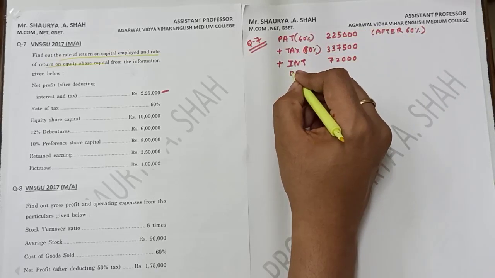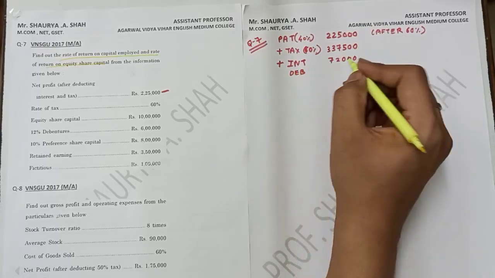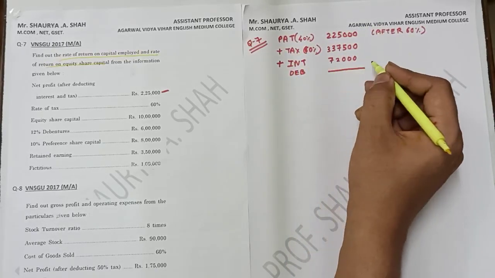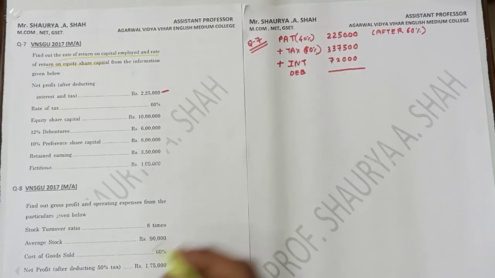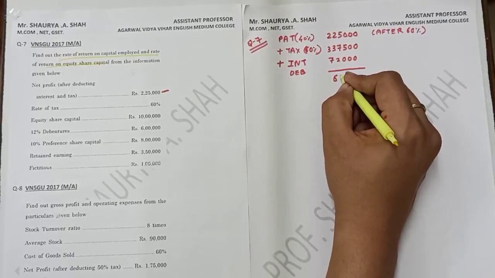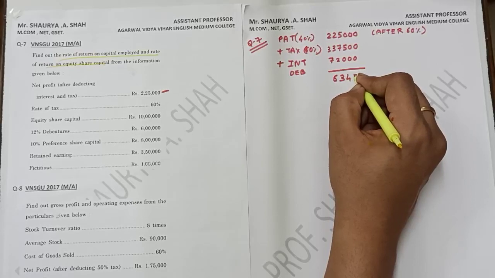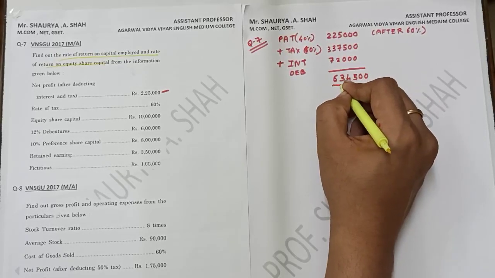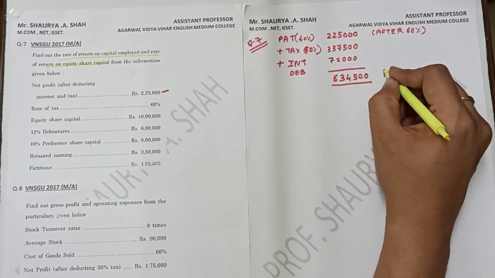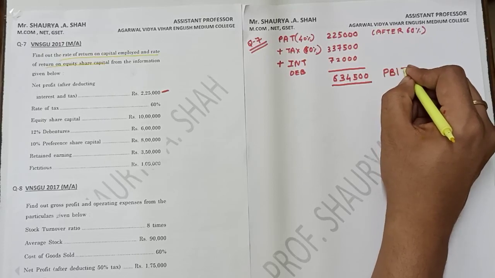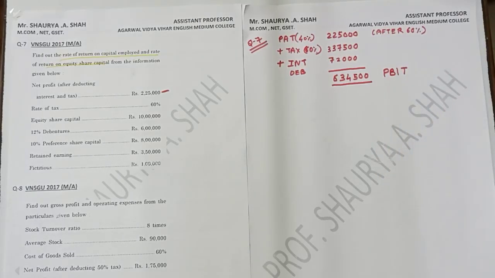This is interest on debenture, I can say. So what I'll do is, I will total up all those things. So I will get the answer of 6,34,500. This is my PBIT, that is profit before interest and tax, PBIT, right?